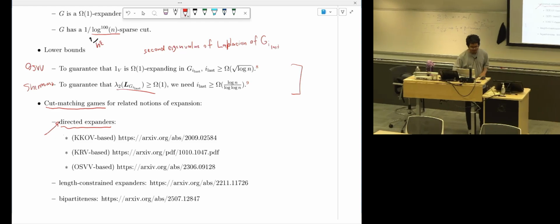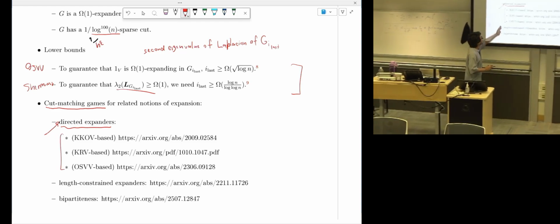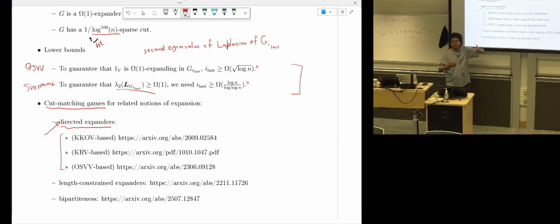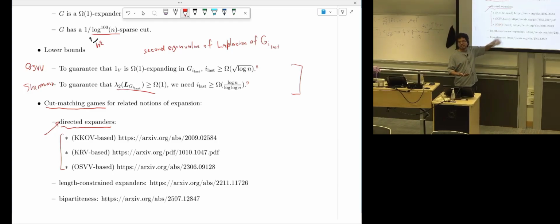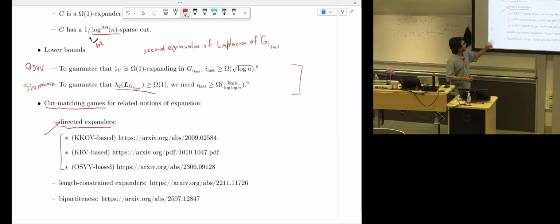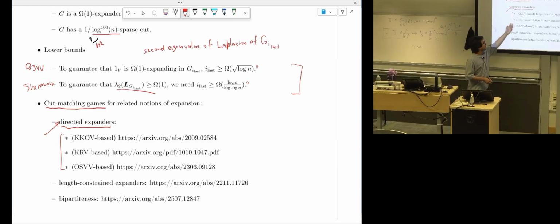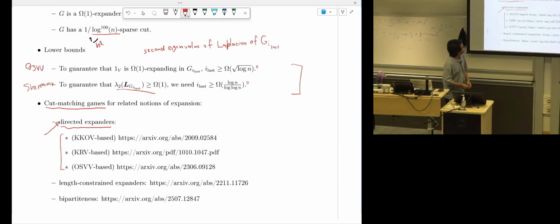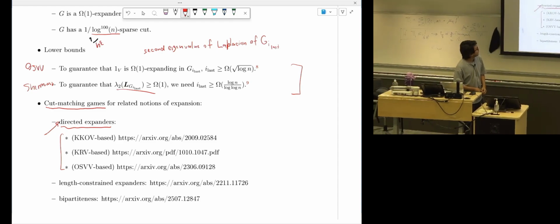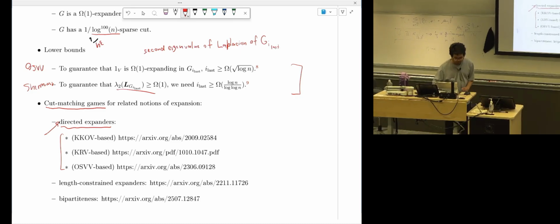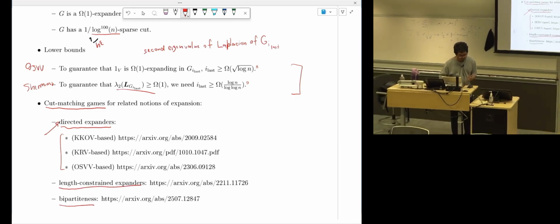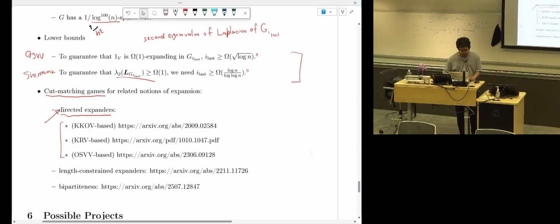There are several card matching games adapted for directed graphs. Later, I might just say that this card matching game exists for directed graphs without proving it. It does work, and people have proved it. There are also things called length-constrained expanders, bipartiteness, and so on.